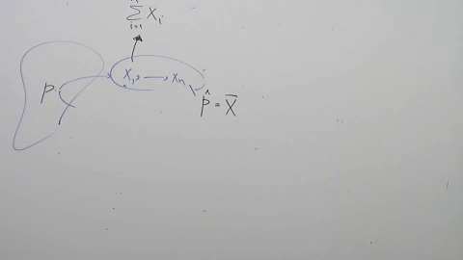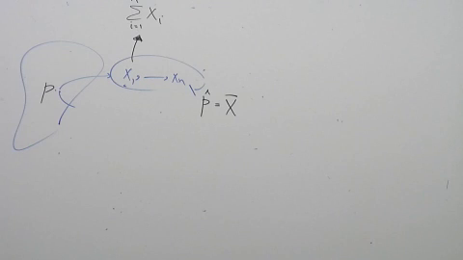What is the distribution of the summation of xi's? What is the distribution of xi? Let's start with that. Individual xi. Bernoulli. So what is the summation? Binomial. What is the distribution of x bar?